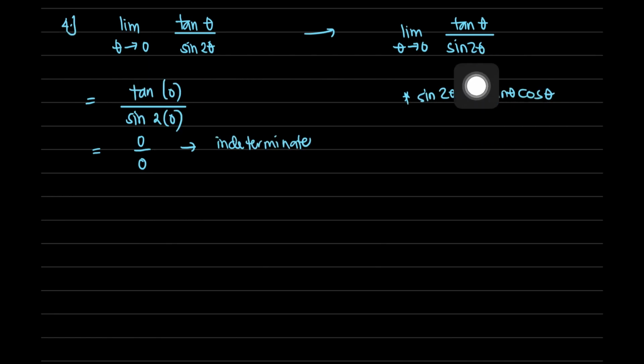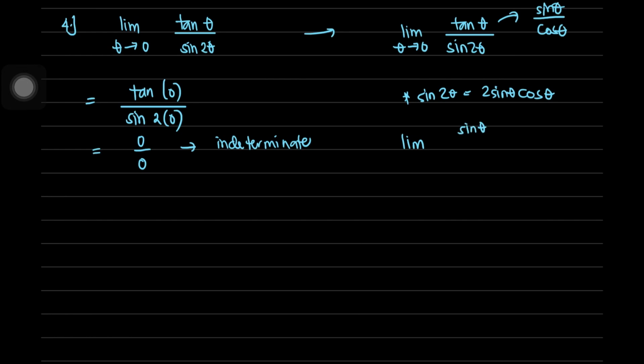If I substitute this here, we'll have the limit where tangent theta is equal to sine theta over cosine theta. So we make tangent theta sine theta over cosine theta, and write it here, all over 2 sine theta cosine theta as theta approaches 0.